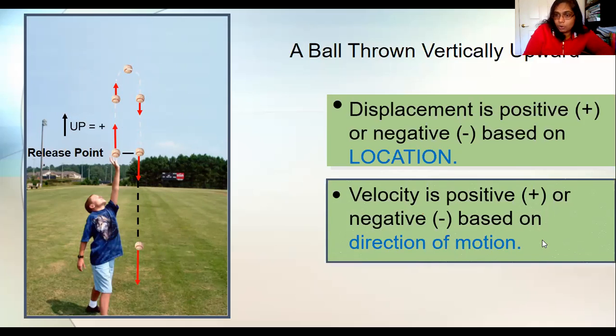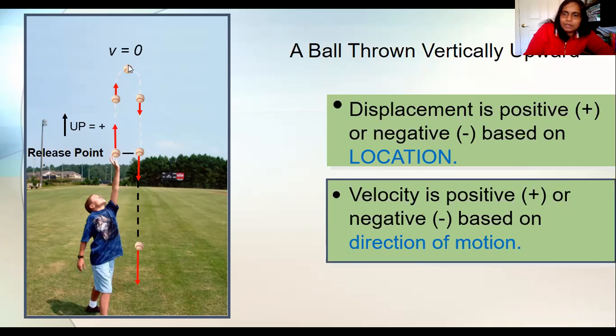Velocity is positive or negative based on the direction of motion. Here, I define the velocity upward as positive. This ball is moving upward, so it is a positive velocity.